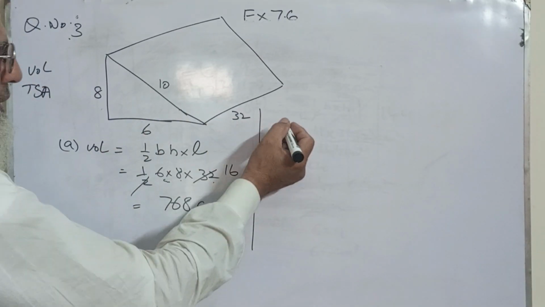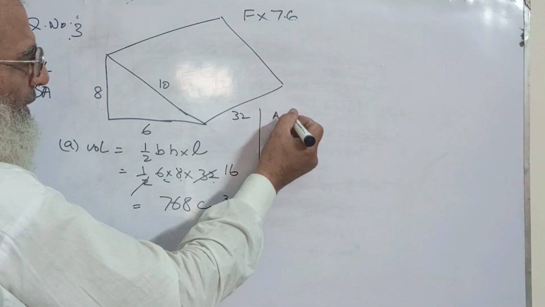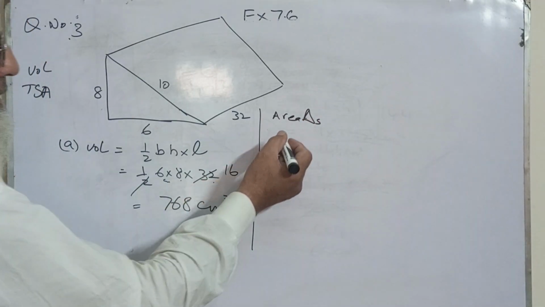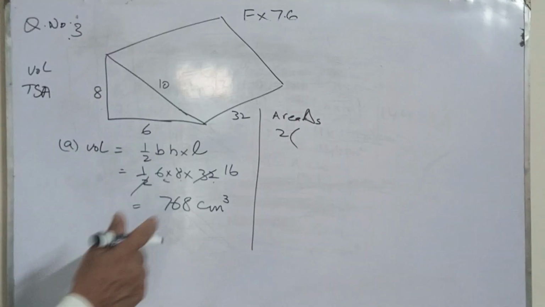Area is equal to half base into height. Area of triangles: there are two triangles, so I am going to multiply it straight away.